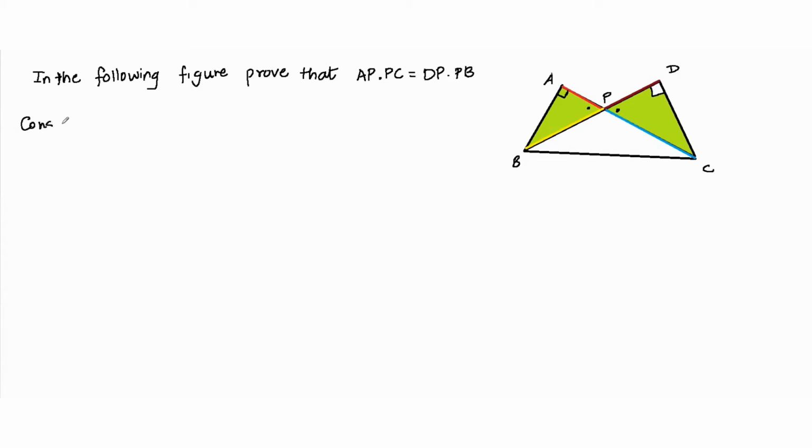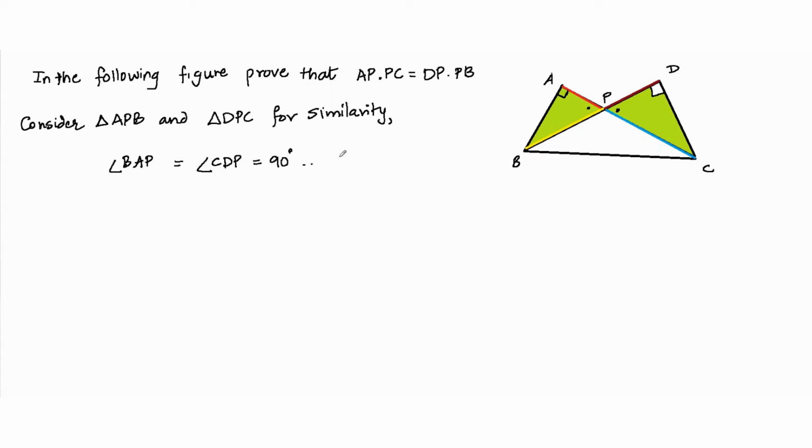So let's consider triangle APB and triangle DPC for similarity. Let us list down what all is equal in these two triangles. I know that angle BAP is equal to angle CDP. Both are equal to 90 degrees, and that is given to me.